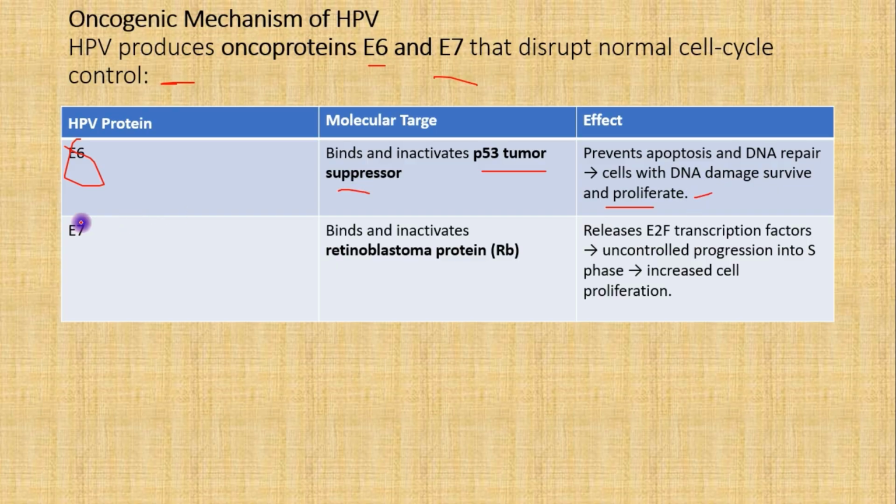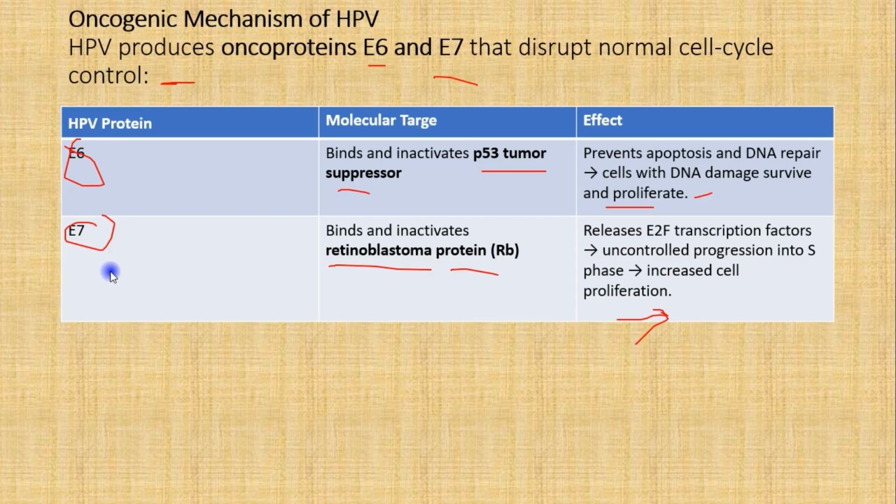The E7 protein also binds and inactivates retinoblastoma protein, which releases E2F transcription factor. This results in uncontrolled progression into S phase, resulting in increased cell proliferation, which is the hallmark of malignancy.